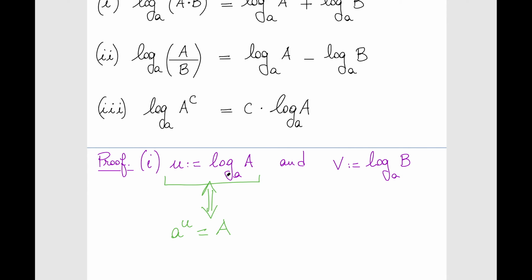So u equals log base a of capital A is the same thing as saying that the base raised to power u is equal to A.